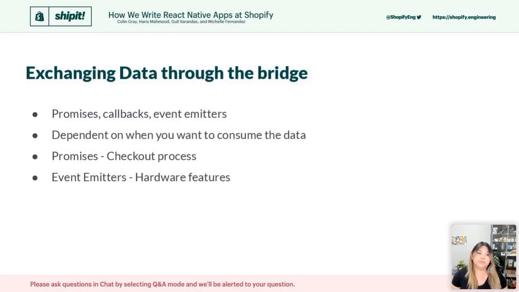On the other hand, for our hardware features, such as when we want to print a receipt, open a cash drawer, or scan a barcode, we use event emitters. For printing a receipt, you press a button, you call the native function in your native module to print it out, and then you emit a message back when that process is finished.